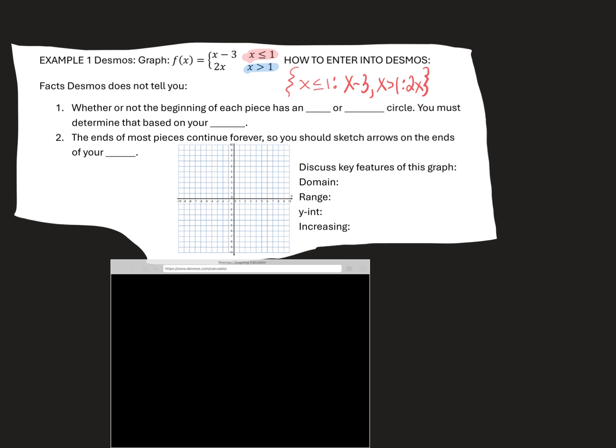The brace is there. I guess I entered that earlier. And we're going to do x is less than or equal to 1. And then we're going to put a colon. And then the expression x minus 3.